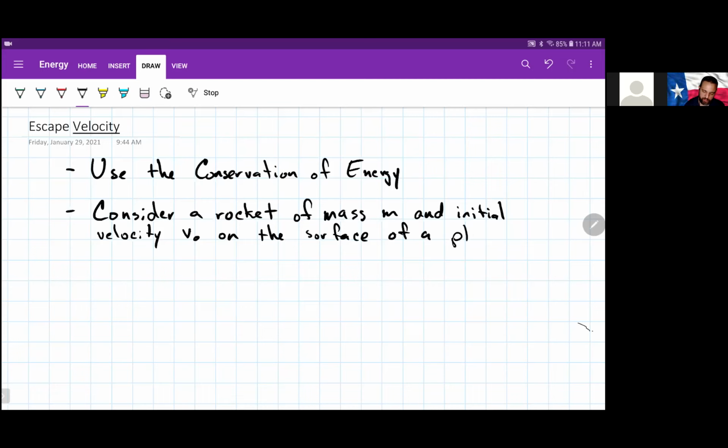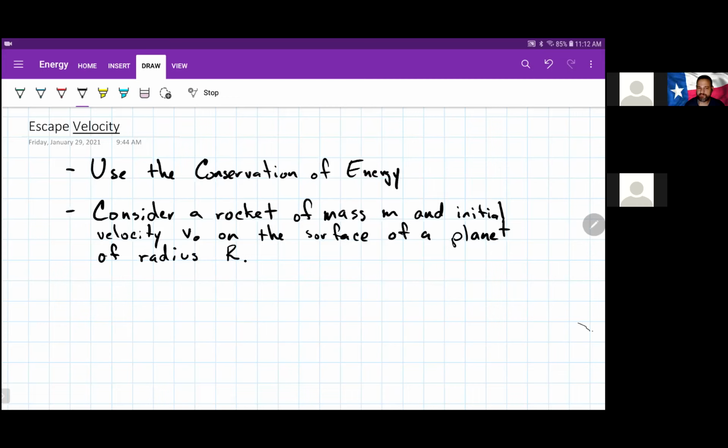Could be Earth, could be Mars, could be Mercury, whatever, some planet. The planet would matter considering it would change the gravity.